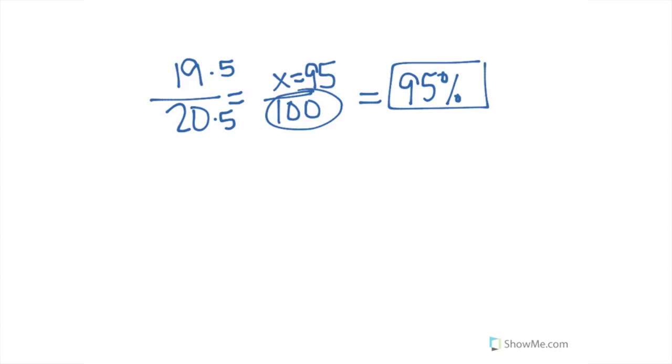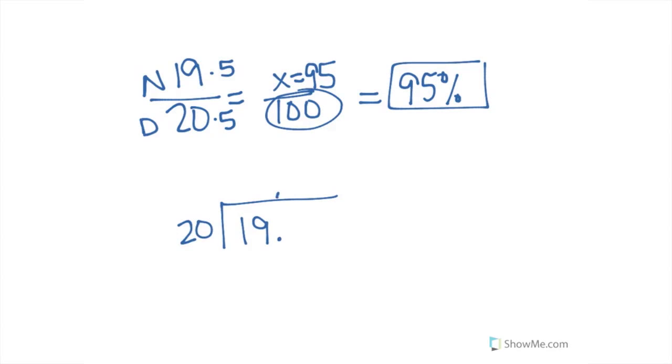Real easy. Now, the second method to turn a fraction into a percent will be to turn it into a decimal. I can divide. Numerator starts with an N, it goes on the inside.